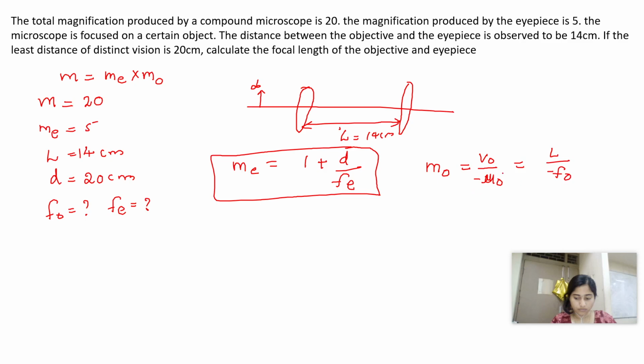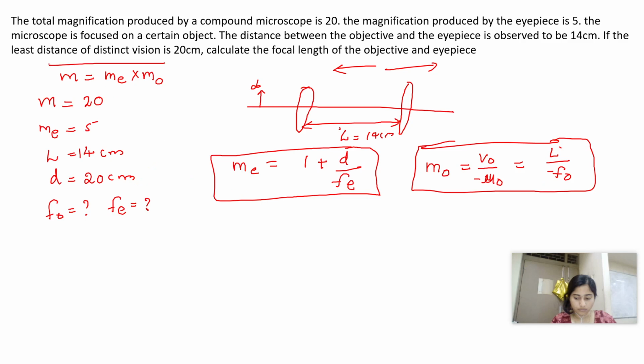The minus comes because if the ray goes in this direction it is positive, and in the other direction you have to consider negative. The object will be on the backside, and for a compound microscope the focus of the objective will be on the back side, so the focal length of the objective will be minus. If you know these formulas, you can solve this problem. From here you get the Fe value, and from here the Fo value. These three are very important formulas in this problem.